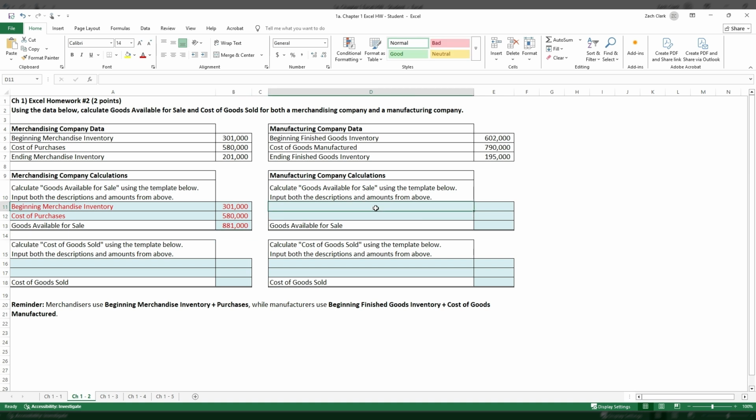And then if we look at that similarly from a manufacturing perspective, same idea. I'm just linking these in as an FYI. If you haven't been using Excel much, you might notice me put a plus sign when I'm linking different cells.